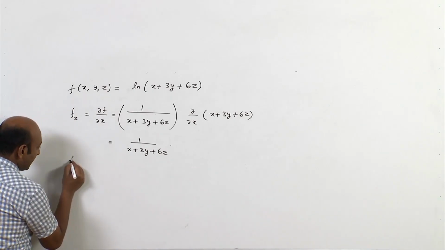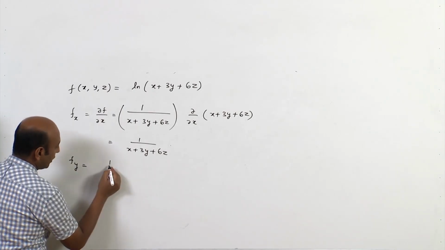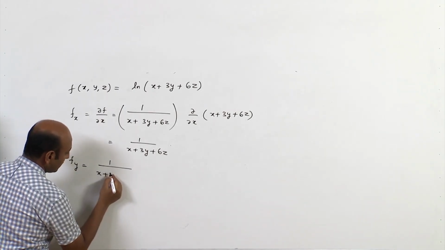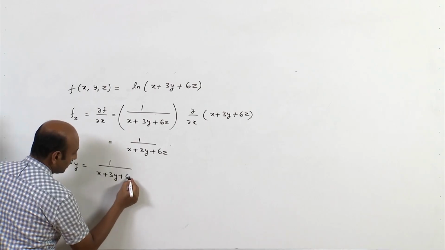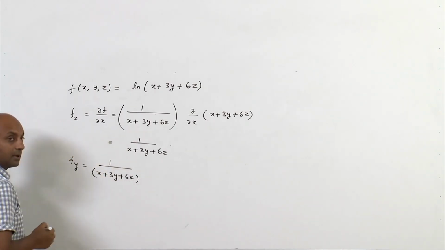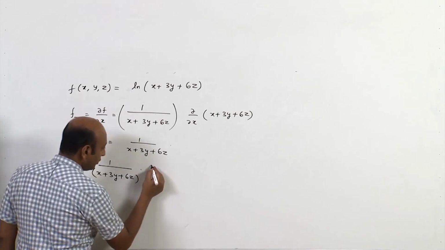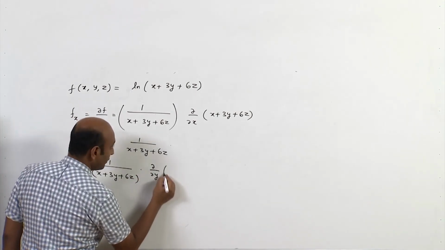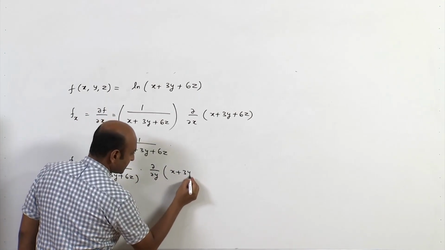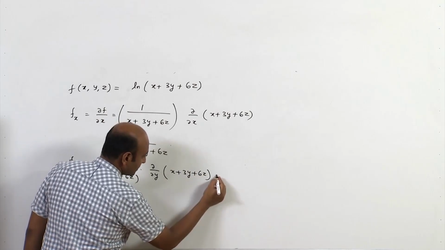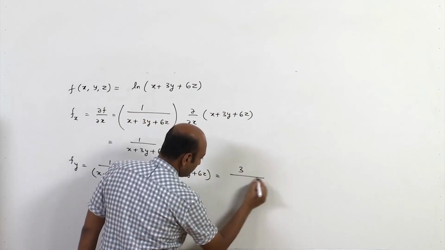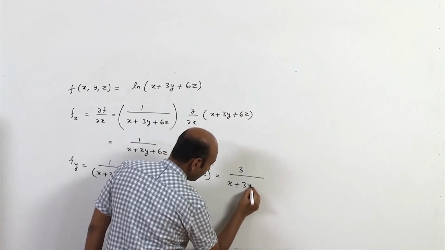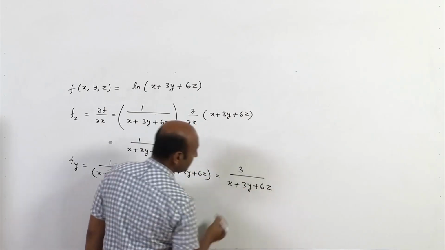Now, similarly, fy will again be 1 upon t, that is 1 upon x plus 3y plus 6z into del by del y of x plus 3y plus 6z, which is 3 upon x plus 3y plus 6z.